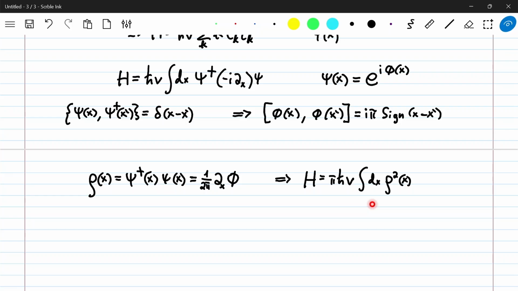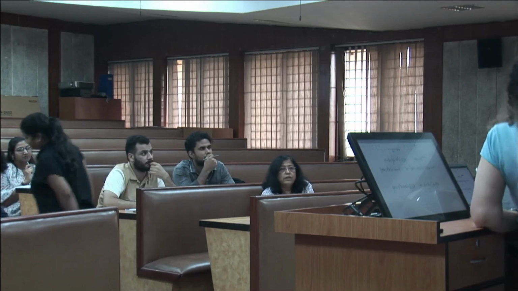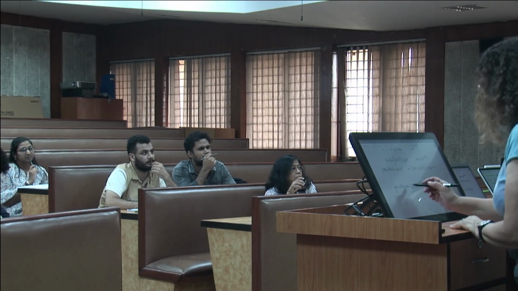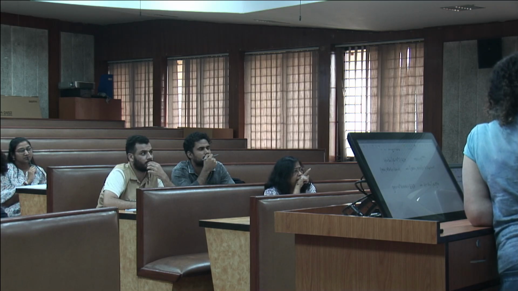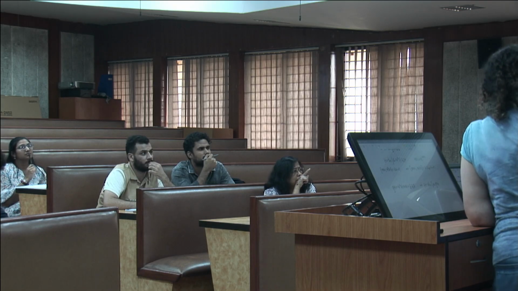I didn't prove to you this relation, but I still can't quite see how that's square. So you cannot see it in a simple way, you have to do it carefully. But it gives rho square, right? Okay.